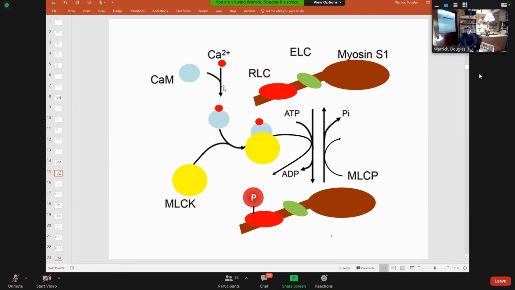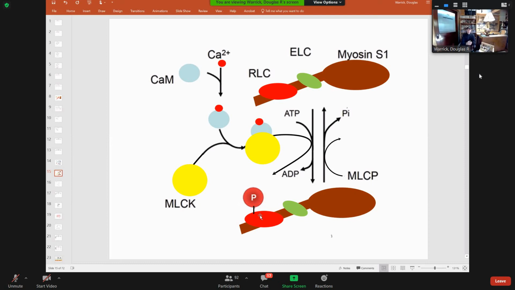That is, calmodulin gets potentiated by calcium. It then turns on myosin light chain kinase, which then causes this regulatory light chain to be phosphorylated by an ATP. So we've added a little inorganic phosphate to that light chain.